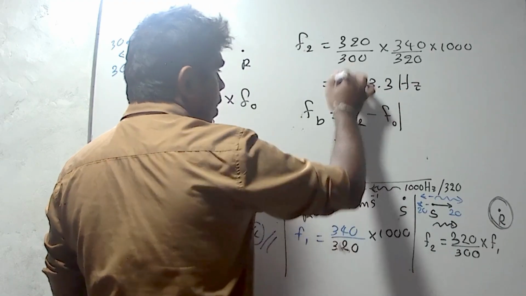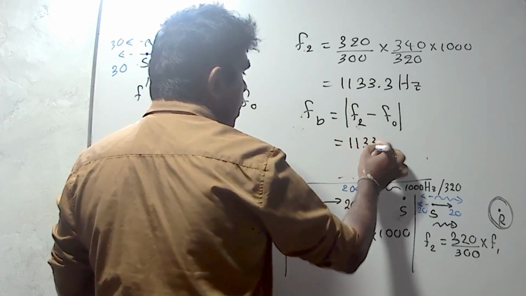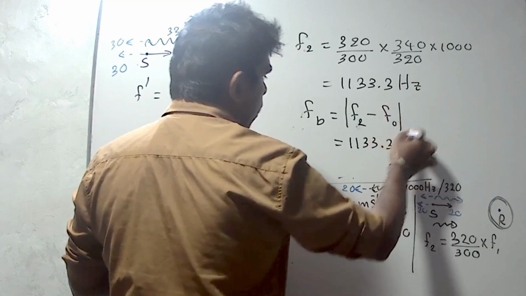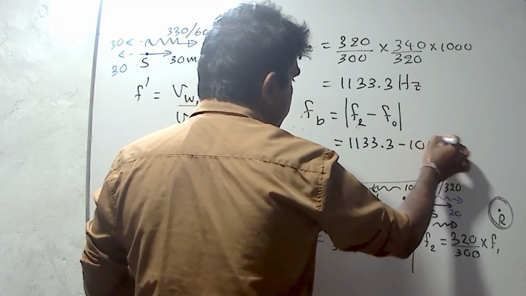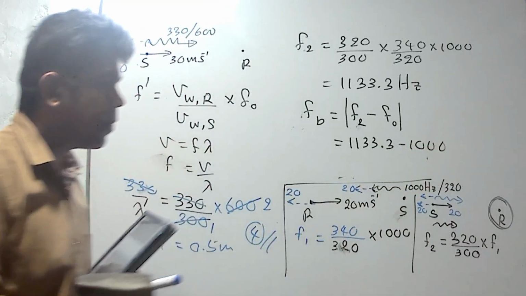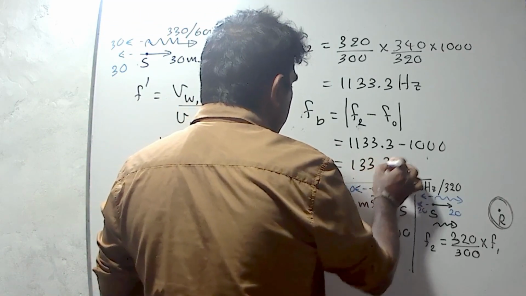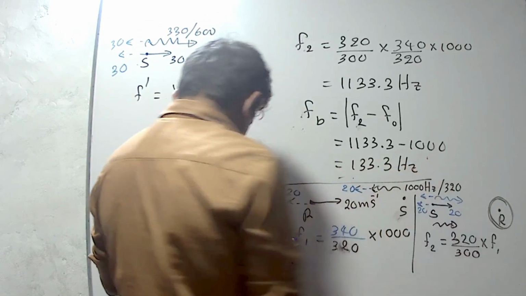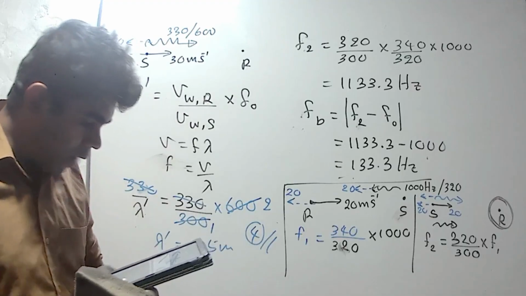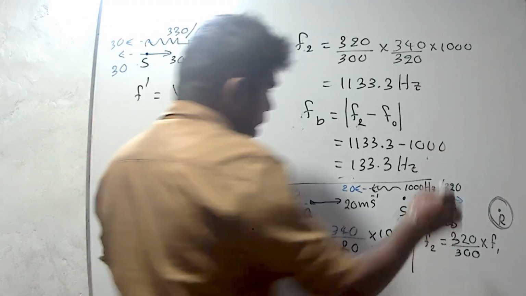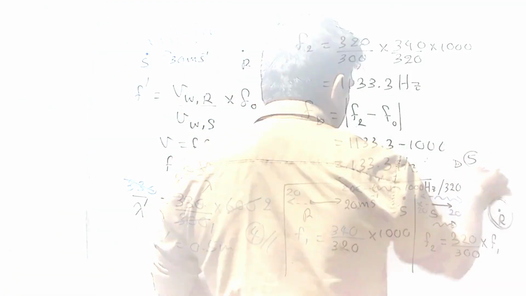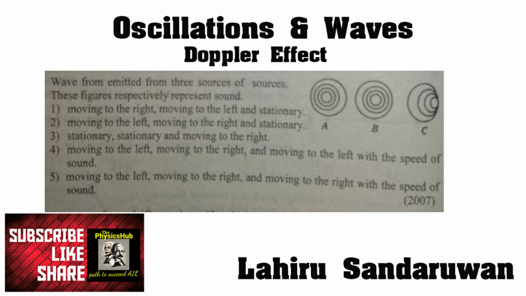F2 value is 1133.3, F0 value is 1000. It is the emitted frequency. Then we can subtract: 133.3 Hertz. Then the approximate value is 133. The answer is 5.